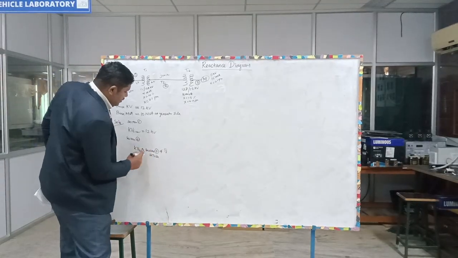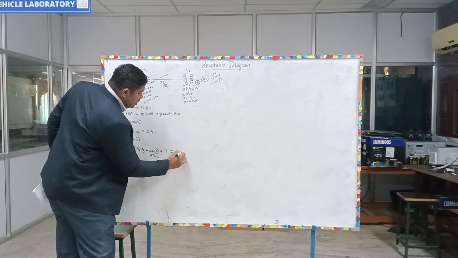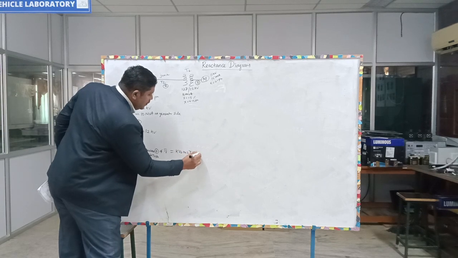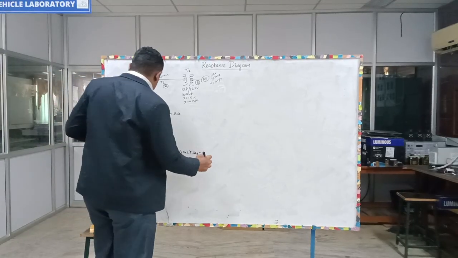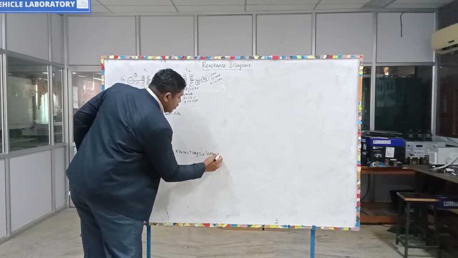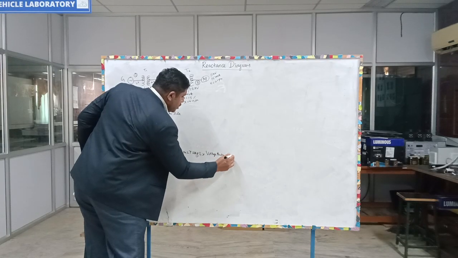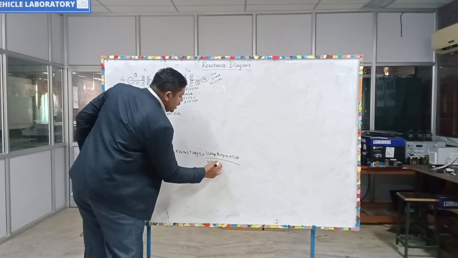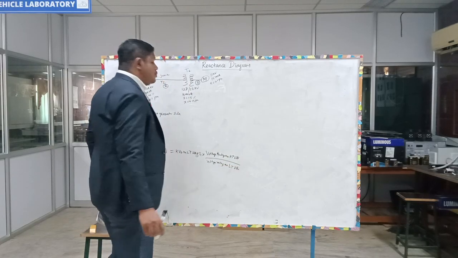The formula: kV base on HT side of T1 is equal to kV base on LT side of T1 into voltage rating on HT side divided by voltage rating on LT side.